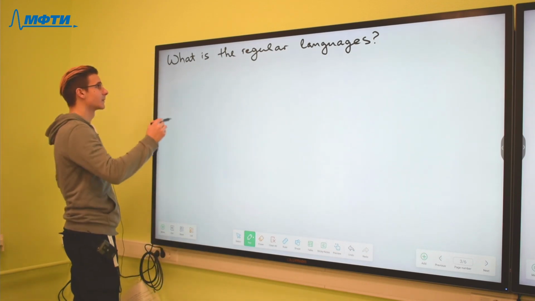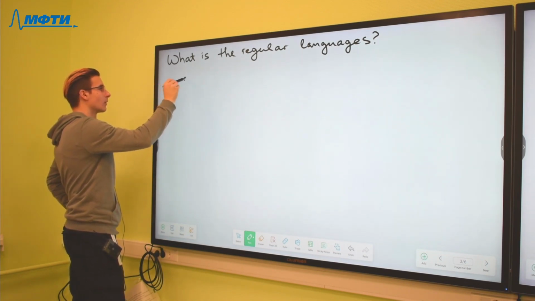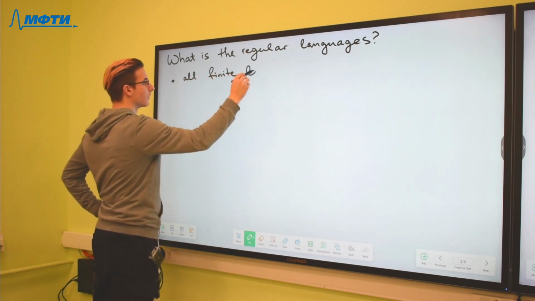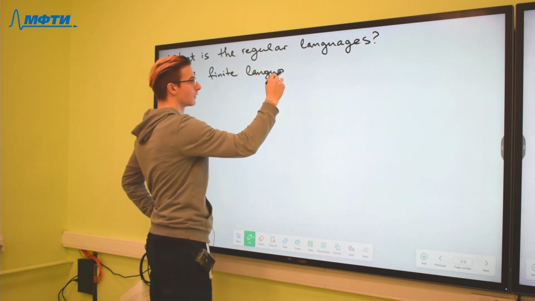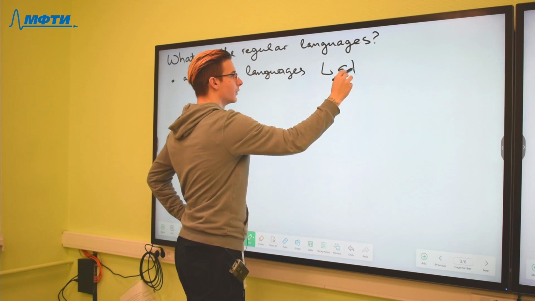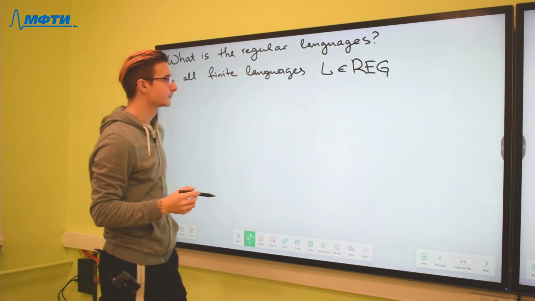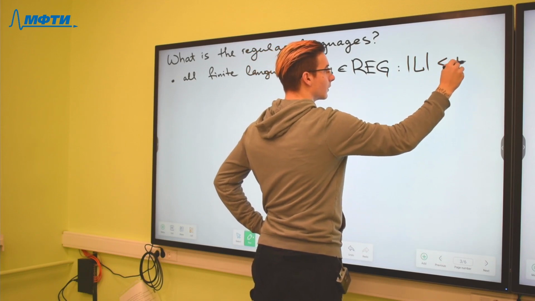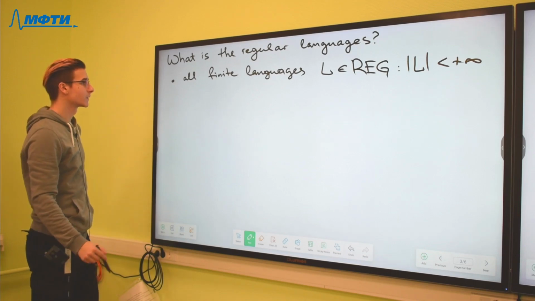We say that all finite languages will be in the class of the regular languages, such that the number of the elements is less than infinity.